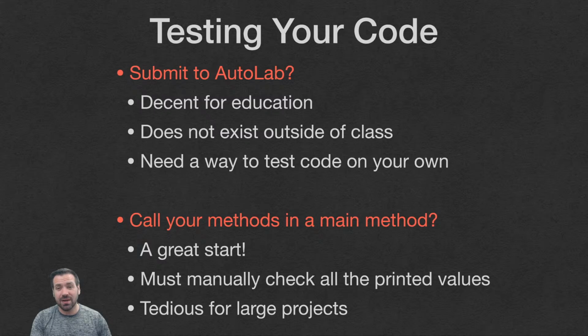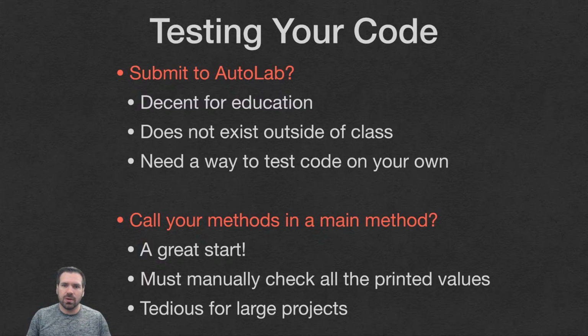When you're first learning this stuff, that's part of why you come to college and have that available to you instead of just trying to guess, is my code right? Am I doing the right thing? We give you some feedback and say, hey, your code's right, or hey, your code's wrong. And we usually do that through Autolab, through automated testing. That doesn't exist in the real world. It's just an academic crutch.